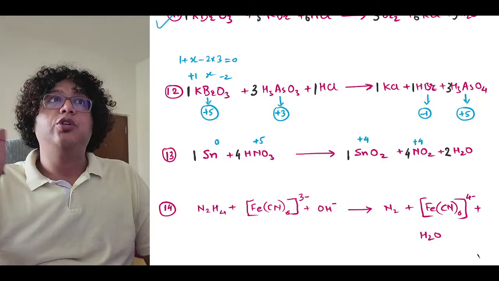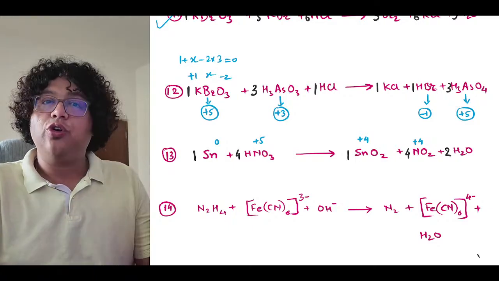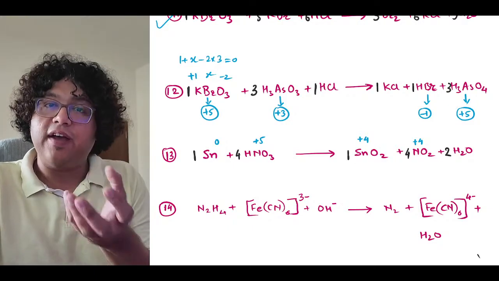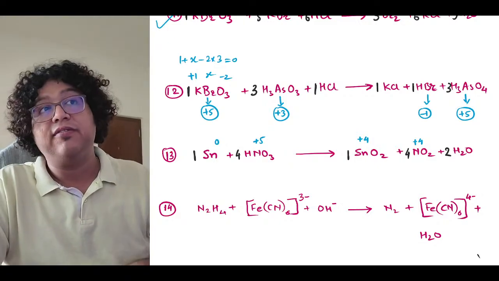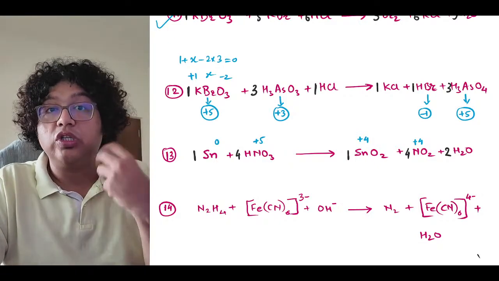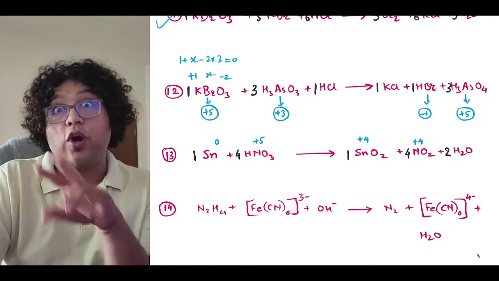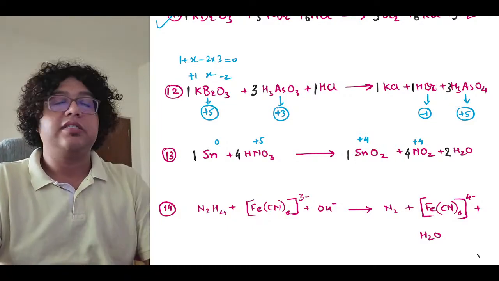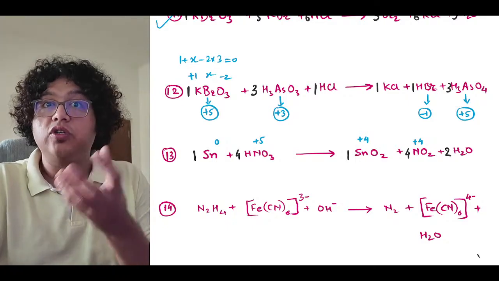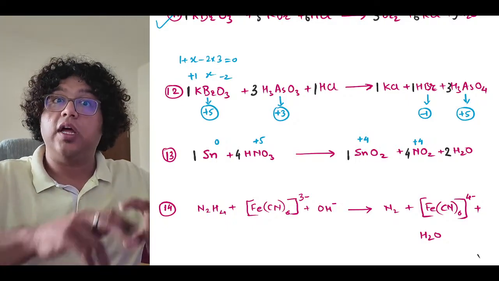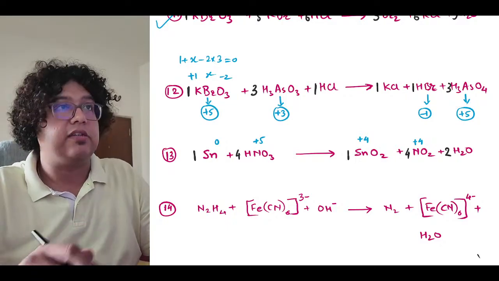In electrochemistry we will be using the quantifiable part of redox, whereas in inorganic chemistry we will talk about the qualitative part, like why a reaction is taking place, what exactly is happening. In electrochemistry we will focus on how much of the reactant has to be taken so that we can create a certain cell with a certain EMF value.